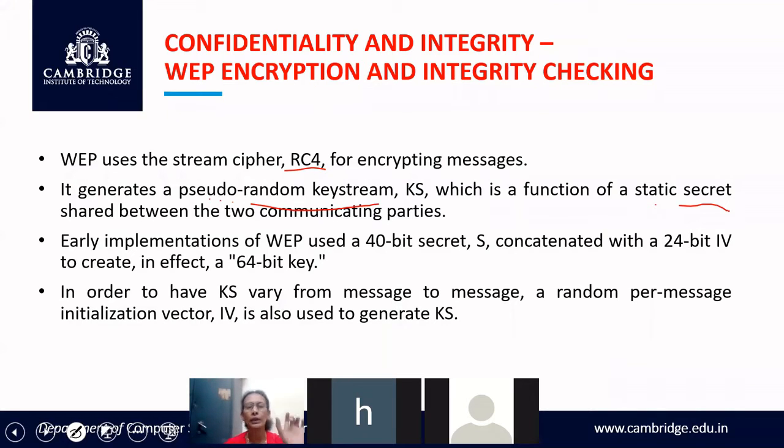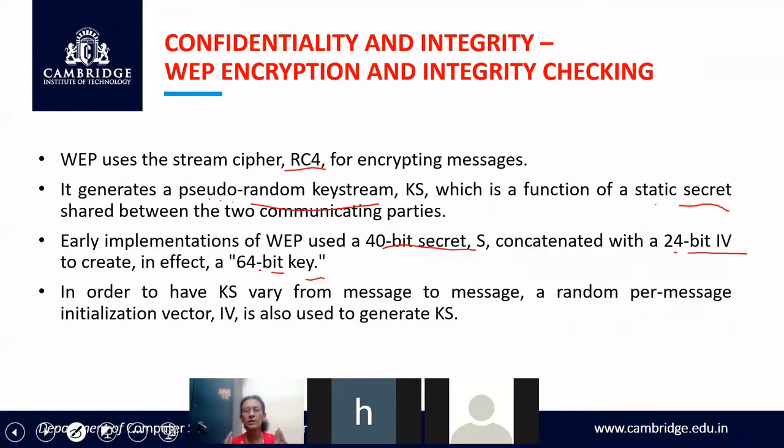In order to create the key stream, we have already seen it makes use of the 40-bit shared key and the 24-bit initialization vector. This initialization vector, we said, is pre-configured by the manufacturer into the mobile station. So 40 plus 24, it becomes a 64-bit key.